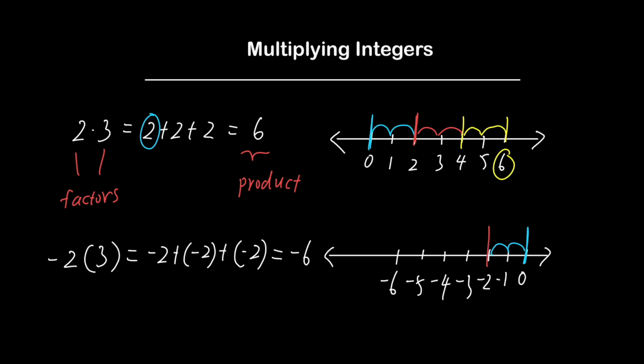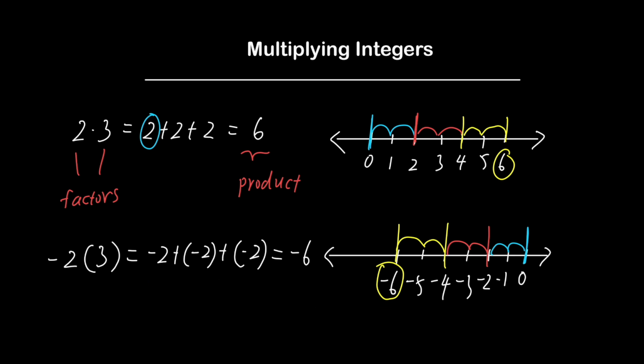And start where we are and move to the left 2 units. And then another one. So our final destination will be -6. This is how you can tell through this addition or through this number line.